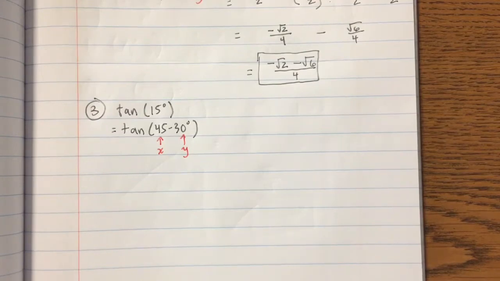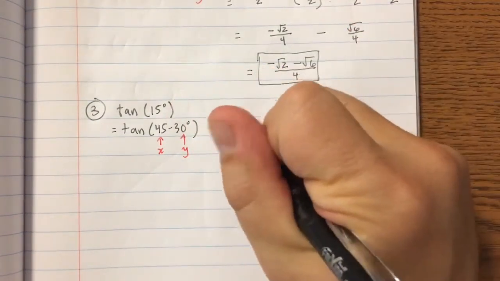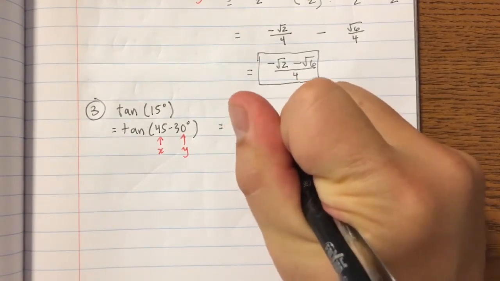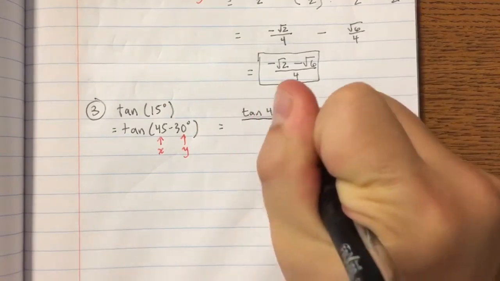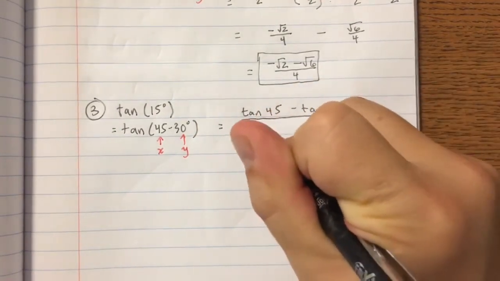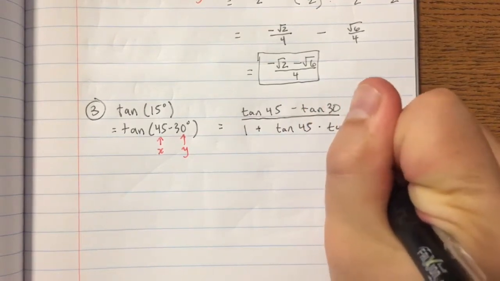So we're just going to start plugging things into the formula here. I'll just write this as a big old fraction: tangent of 45 minus tangent of 30 over 1 plus tangent of 45 times tangent of 30.